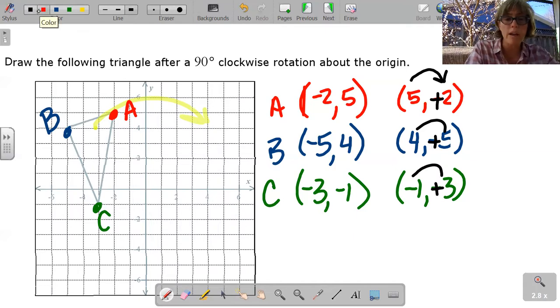So we're at 5 and +2. That's A prime. 4 and +5. It's B prime, -1, +3.